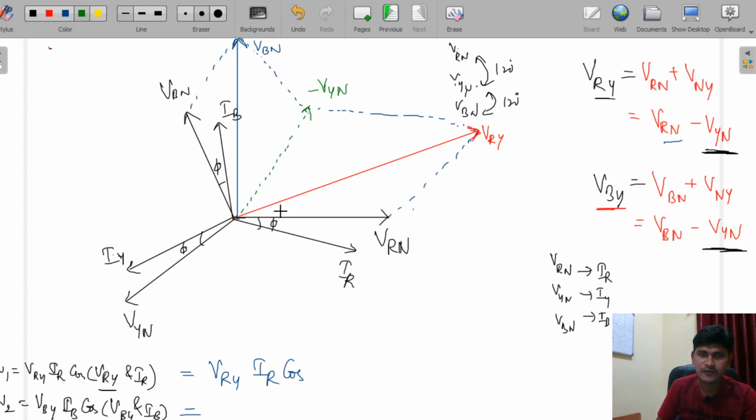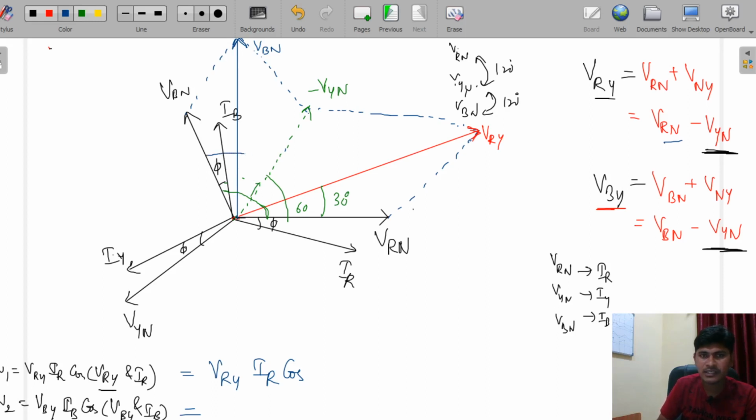From here to here the angle will be 120 degrees, and it is divided into two halves, so the angle between these two will be 60 degrees. Again, this angle is divided into two halves, then the angle between these two will be 30 degrees.